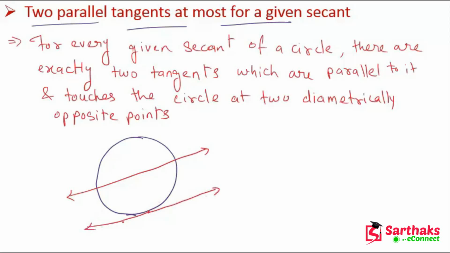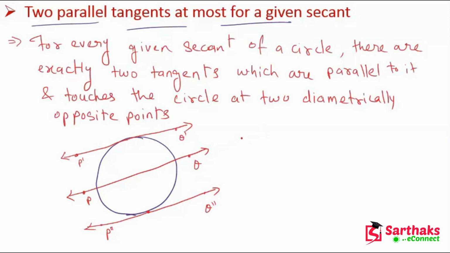This tangent is tangent 1, and from this point, this is the second tangent. This is P and this is Q. This is P dash, Q dash. This is P double dash and Q double dash. This is the representation of these lines.